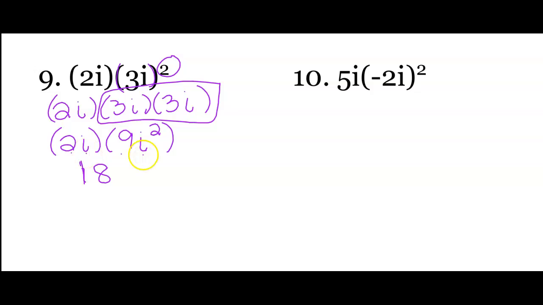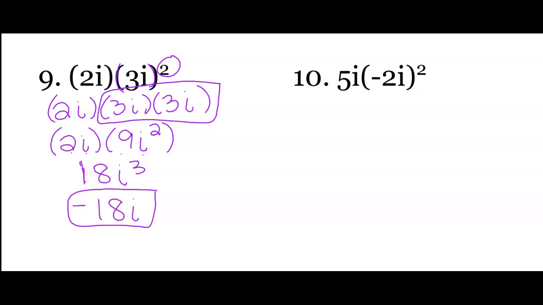i times i squared is i cubed, and i cubed is negative i, so this is negative 18i. You should never have a power in an answer with an i. You should never have an i to a power in an answer.